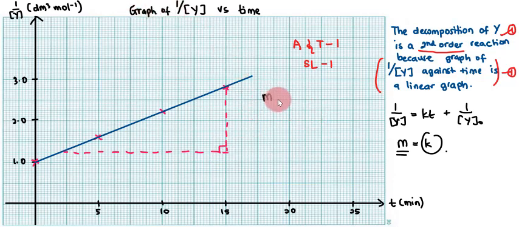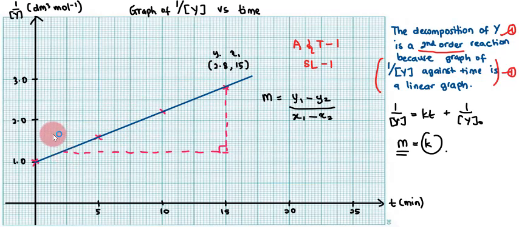So gradient adalah y1 tolak y2 bahagikan dengan x1 tolak x2. So katakan ini adalah kita punya y1. Okay, so y1 kita adalah 2.8, di mana x1 kita adalah 15.